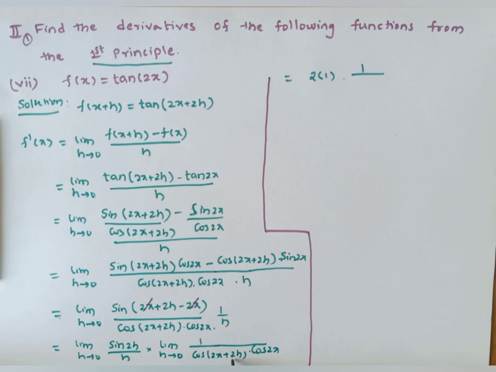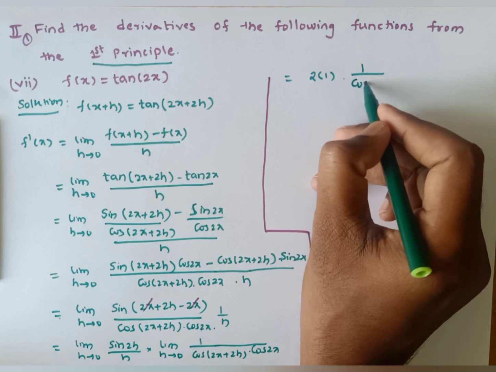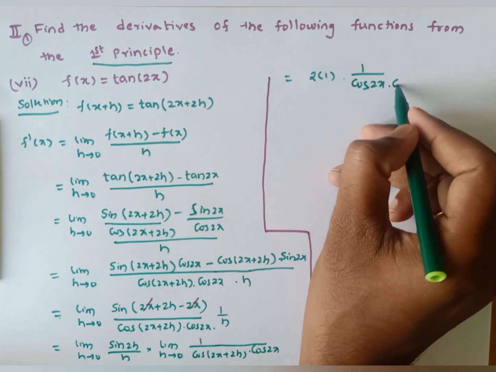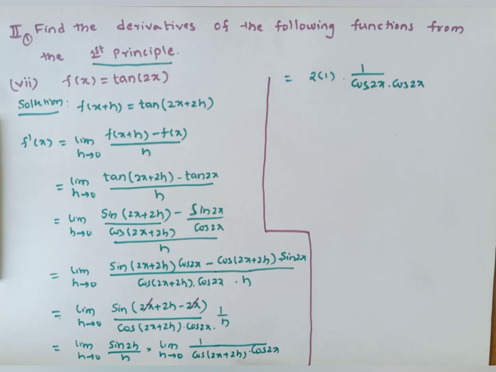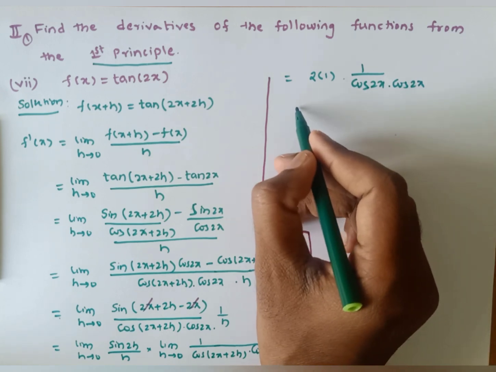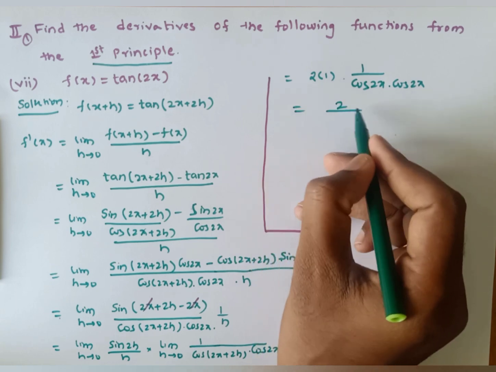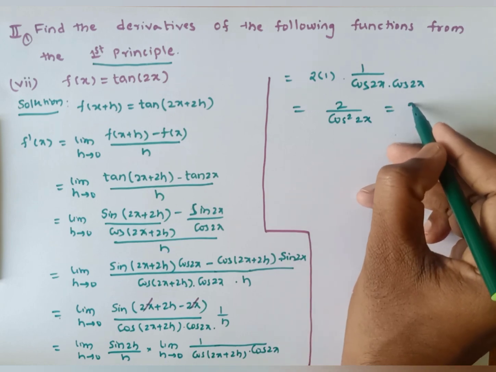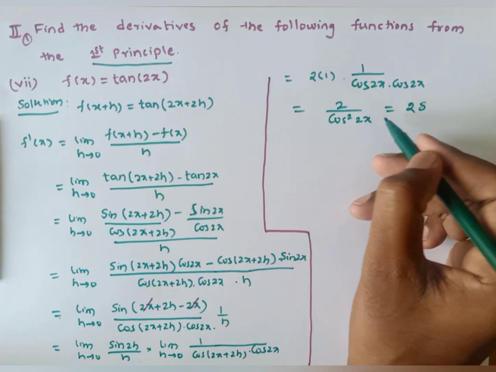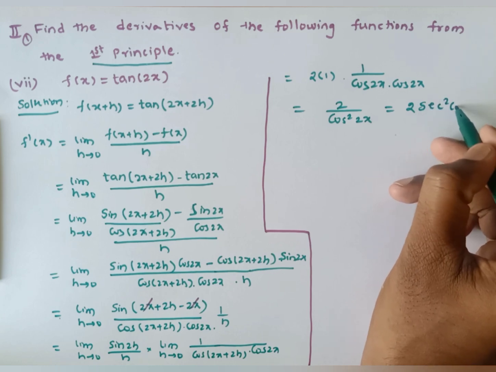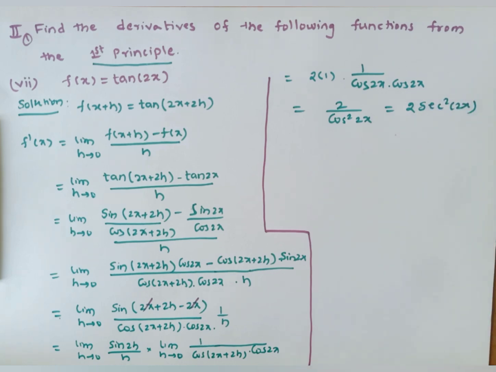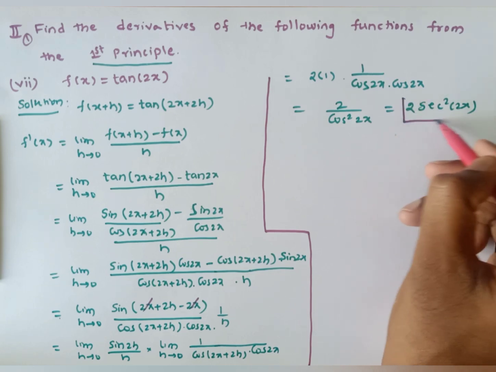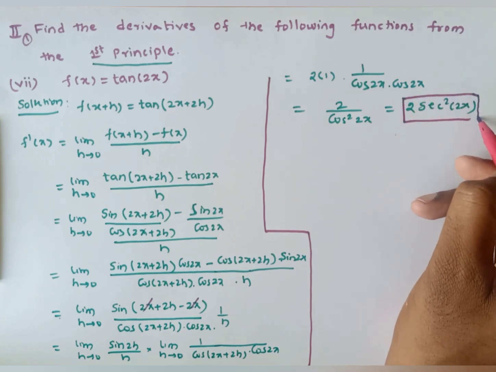Here 2x is a constant and h is the limit, h value is 0, therefore it is 2x plus 0, which means 2x, so cos 2x into cos 2x. So cos 2x into cos 2x is cos square 2x, and 1 by cos square 2x can be written as secant square of 2x. Therefore the derivative of tan 2x is 2 into secant square 2x.